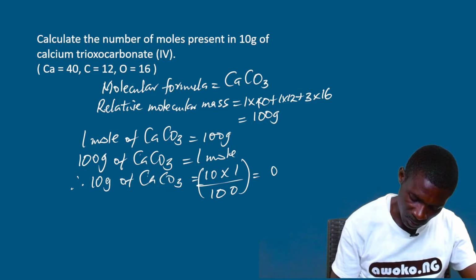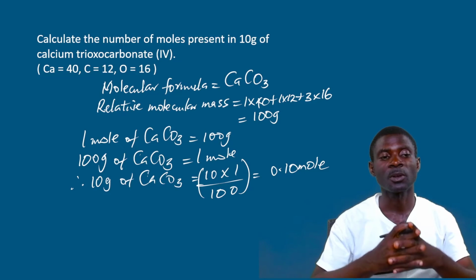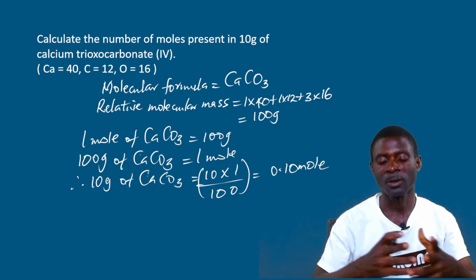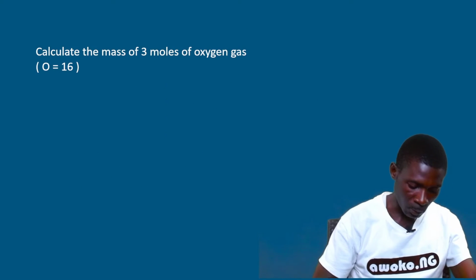Of course, this gives us 0.10 mole. So this is the number of moles present in 10 grams of calcium trioxocarbonate 4. It is very easy.